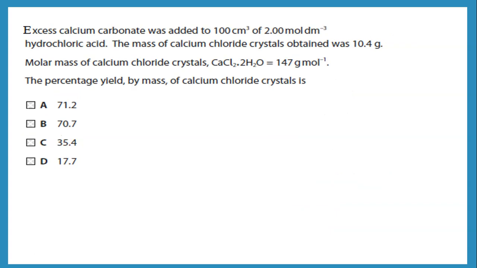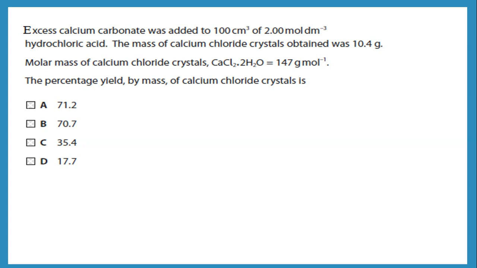Okay, in this question, we're told that excess calcium carbonate was added to 100 centimeter cubed of 2 mole per decimeter cubed hydrochloric acid. The mass of calcium chloride crystals obtained was 10.4 grams. We are given the molar mass, that's the MR, molecular mass of the compound. What is the percent yield?